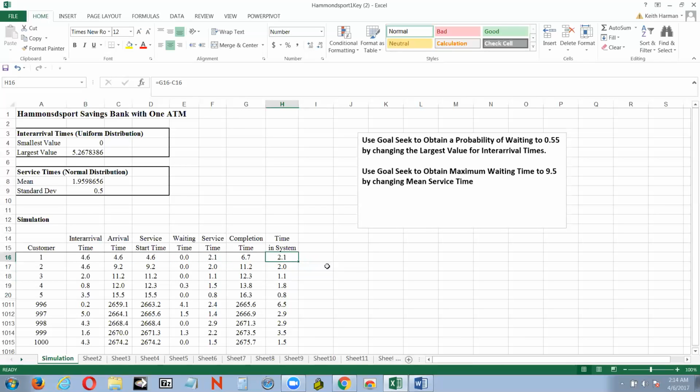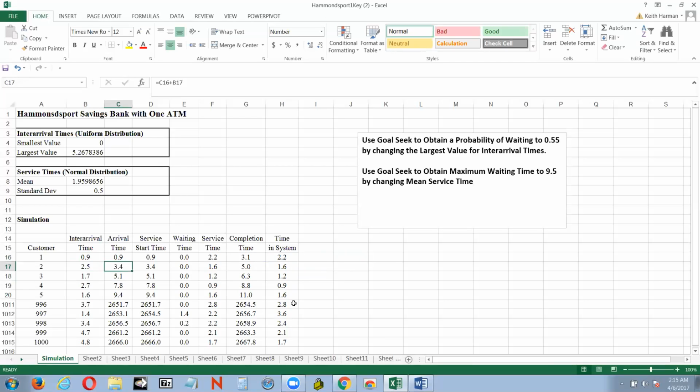Now you'll notice when I went through here just a minute ago, these figures all changed. These are all volatile figures. Here the second customer has an inter-arrival time of 2.5 and an arrival time of 3.4.